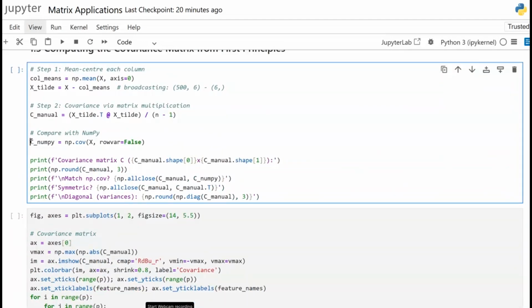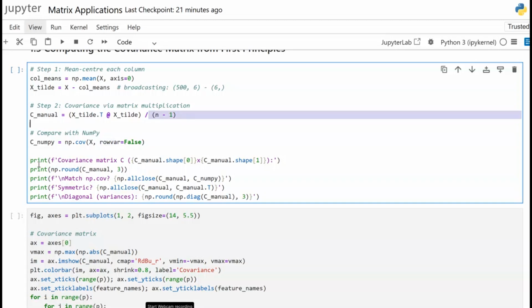Okay, so yes, dear friends, now let me go with the NumPy covariance. This is the covariance calculated using NumPy. So this computes covariance using the NumPy implementation cov. And here we have specified rowvar equals False. This indicates that columns are variables, that is, the features. And it also uses normalization by n minus 1 by default.